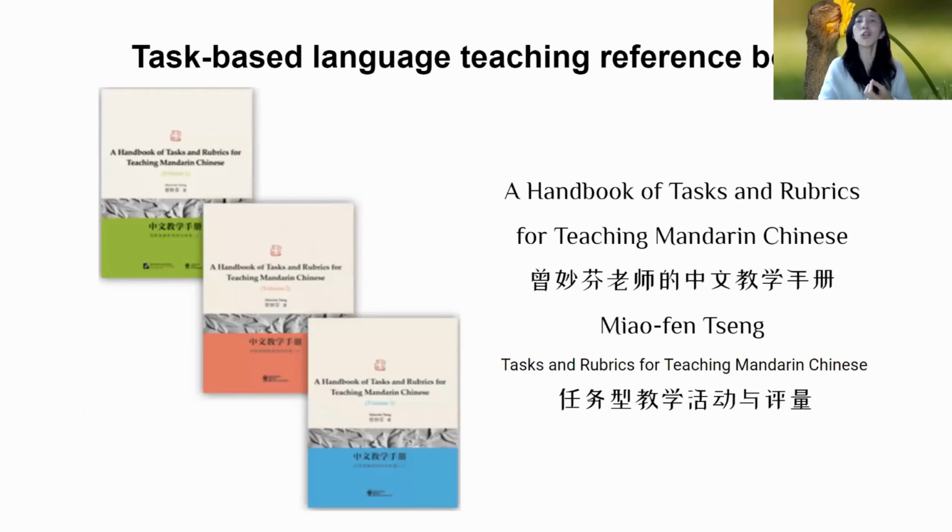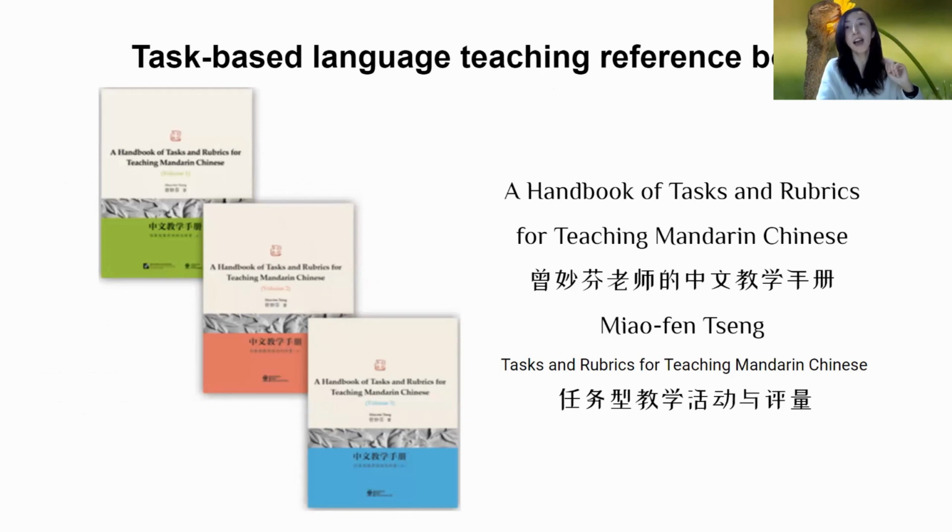Okay, some resources. I tried to find task-based teaching resources and reference books. I found that teacher Zheng Miaofen and her team already created a handbook of tasks and rubrics for teaching Mandarin Chinese.